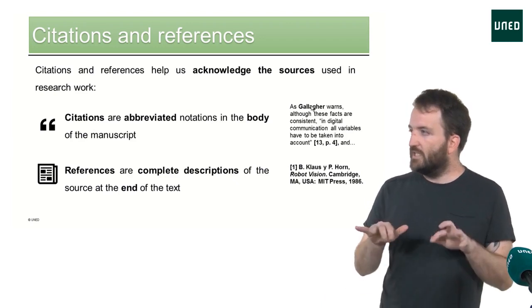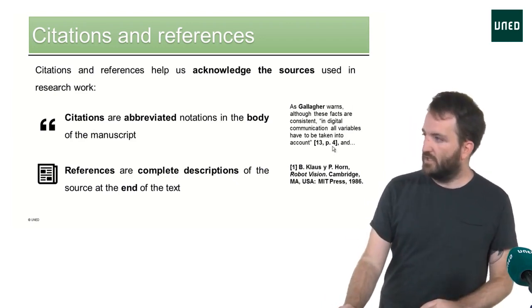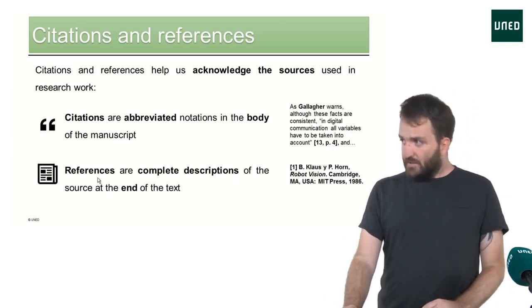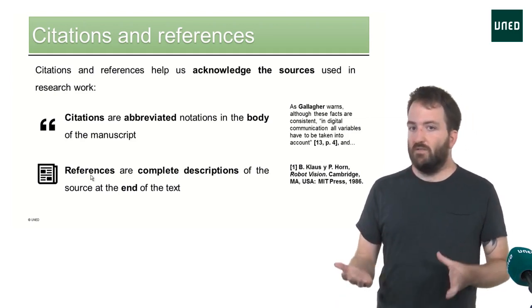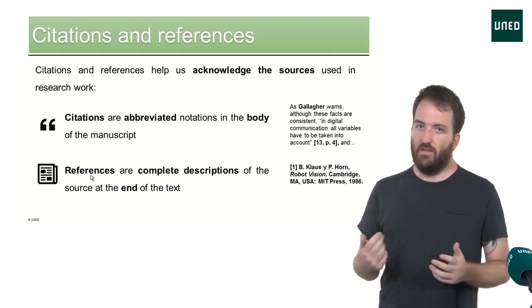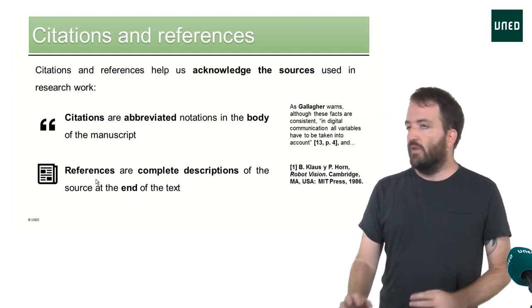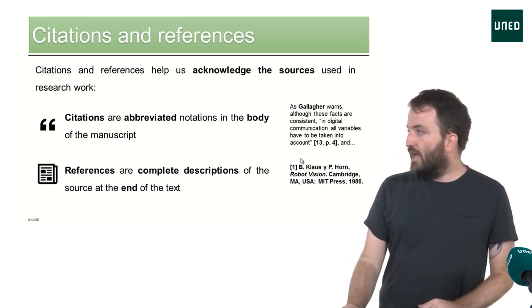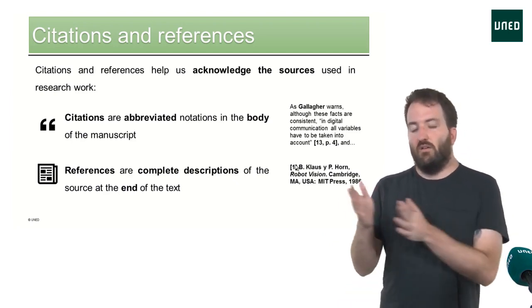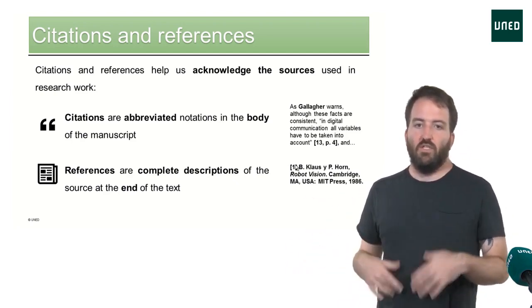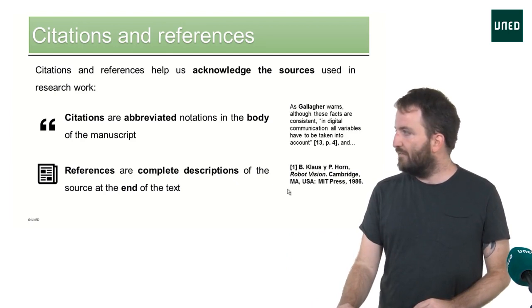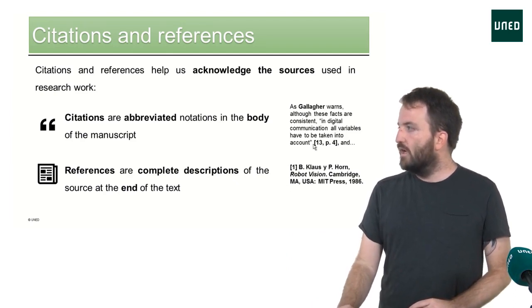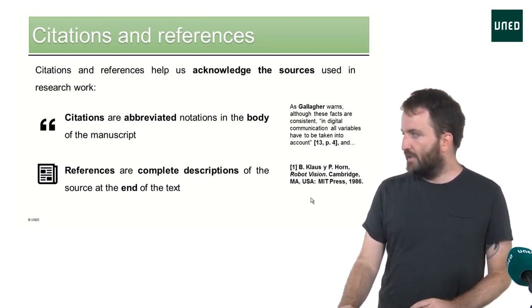So we're writing our document, and then there's a citation. Whereas references are complete descriptions of the source, with all the publication data, and they are normally either at the end of the text in the bibliography or in a footnote. Here we have an example of a reference in the IEEE style.